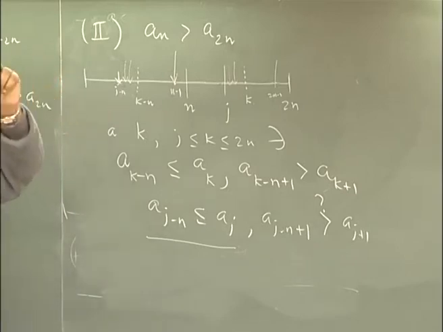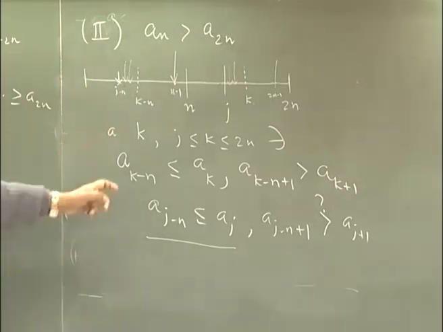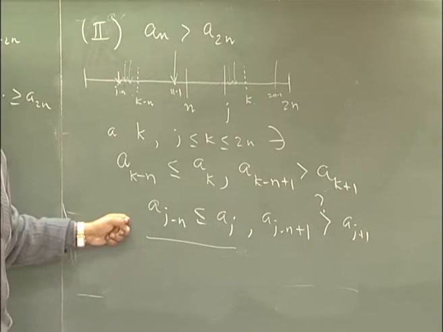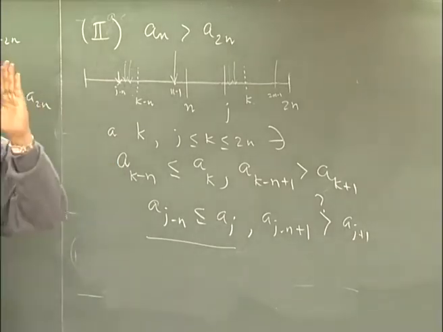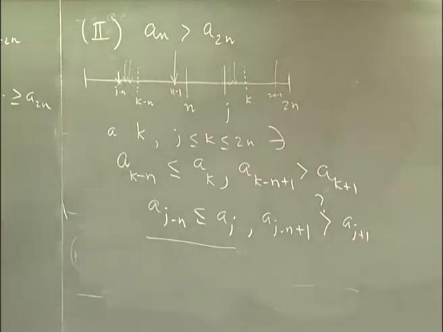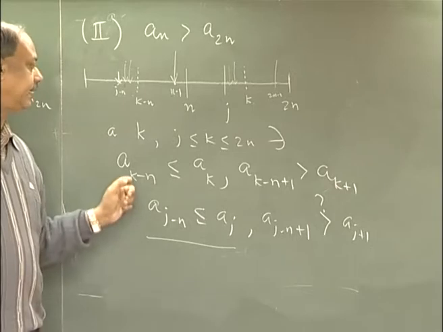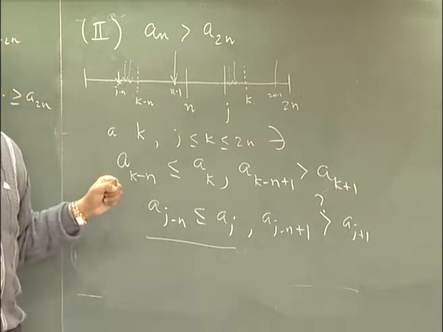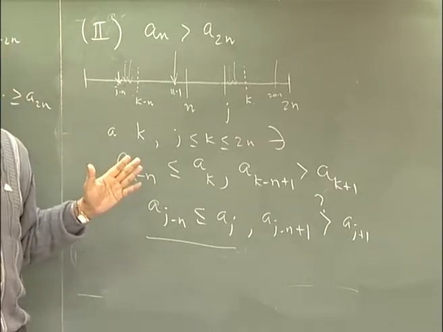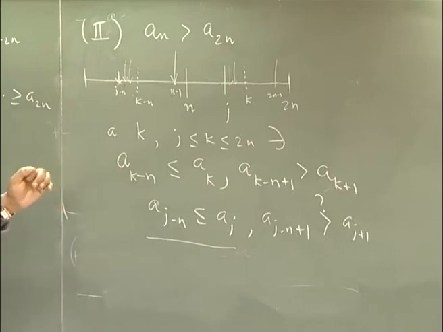So you will get one k satisfying this criterion. I am looking for the first such k, the smallest k satisfying this criterion. Clear?